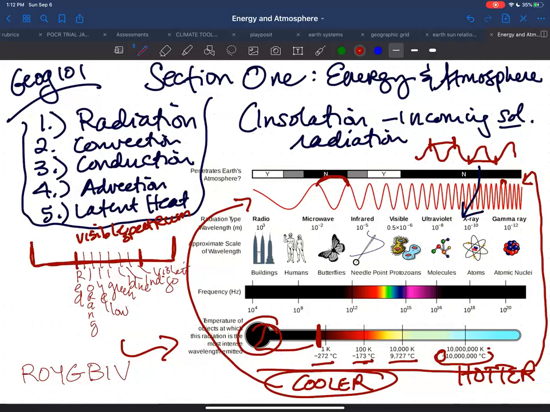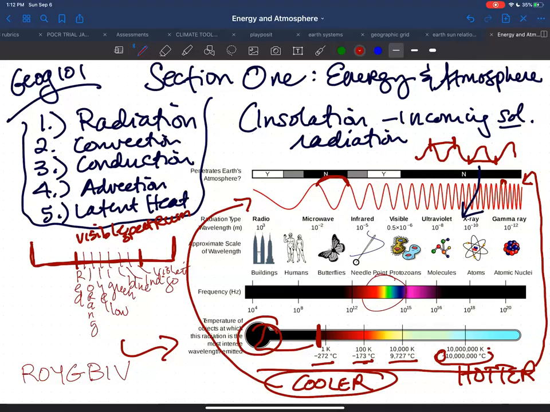Okay, so that's Roy G. Biv. Most of the sun's radiation that reaches our atmosphere and passes through our atmosphere is in that visible spectrum. Then the only other part I want you guys to know about is what's on either side of the visible spectrum.